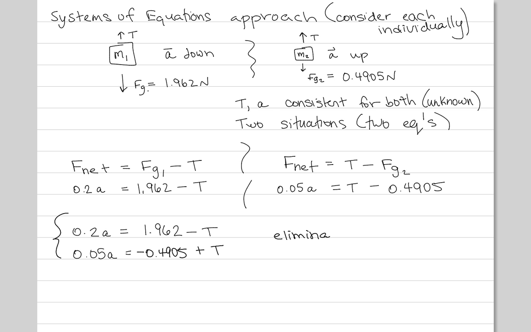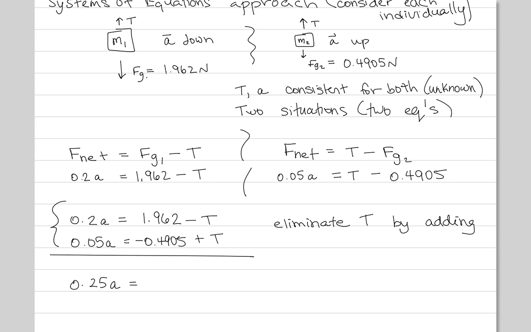Are we going to add these equations or subtract these equations? Eliminate T by adding. So that's like in math class where you do an elimination method. So let's add. You get 0.25a, the T's cancel, and you have to add those. So what do you get? 1.4715.